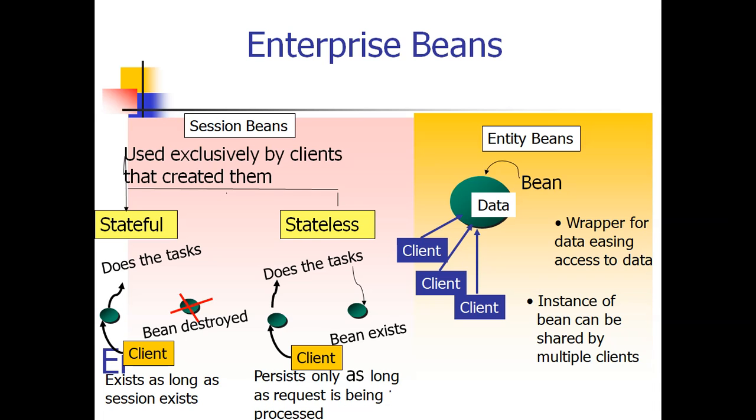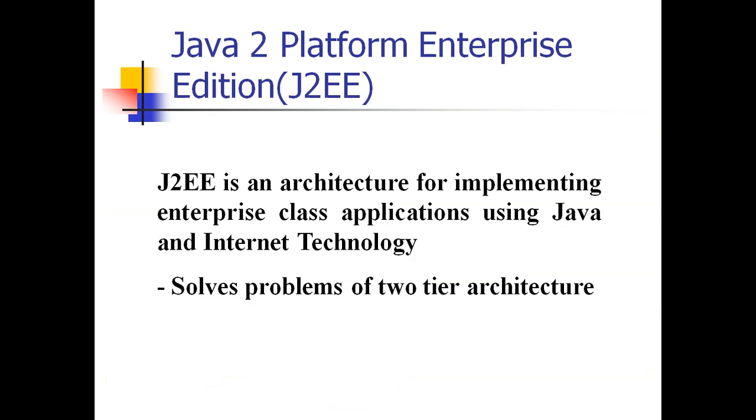And entity bean deals with multiple clients, and you can see the diagram. An instance of the bean can be shared by multiple clients, and it is a wrapper for the data, making it easy to access the data. So this is the difference between session bean and entity bean. And J2EE is an architecture for implementing enterprise-class applications using Java and internet technology, and it solves the problems of two-tier architecture, three-tier architecture, and n-tier architecture.